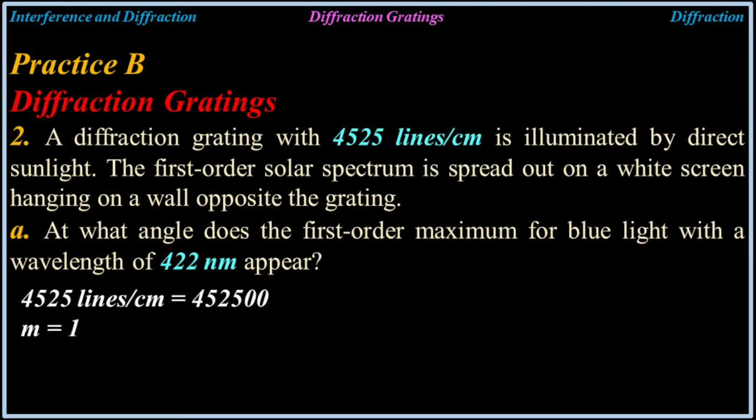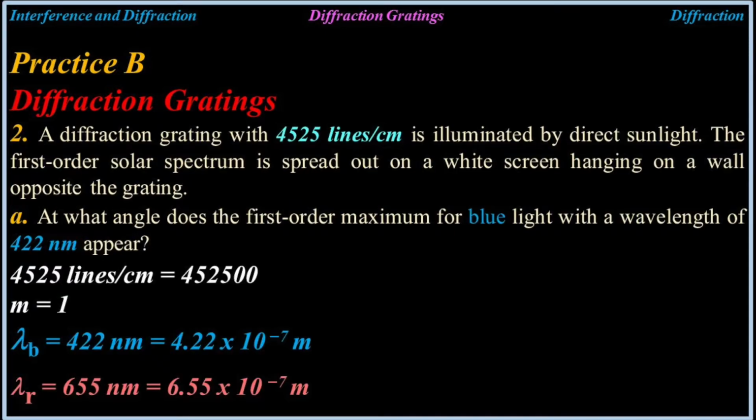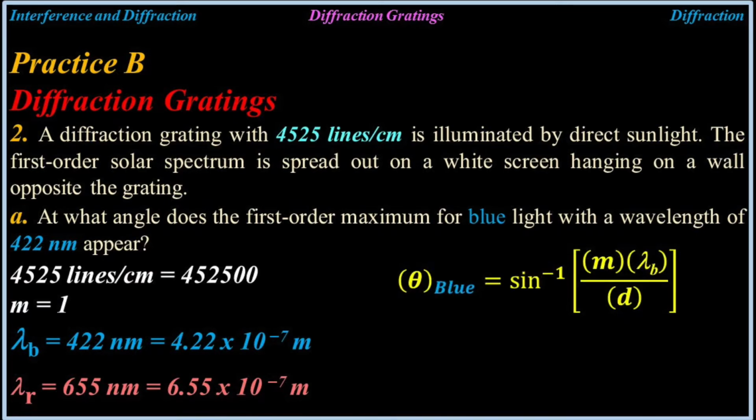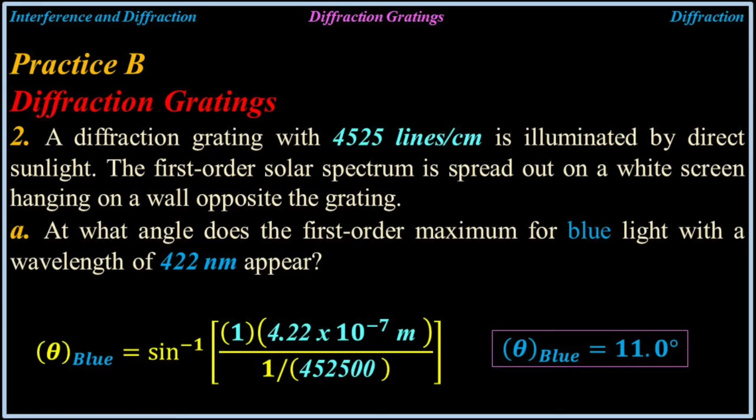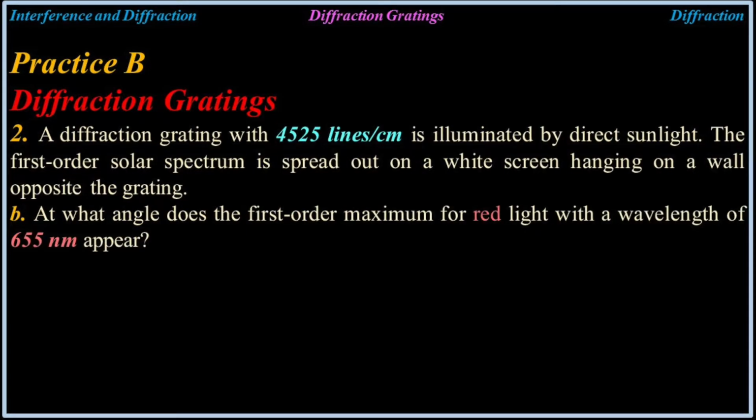This is going to be lines per centimeter for m equals 1. And you want to change the wavelength for the blue and the red to meters and change the lines per centimeter to lines per meter.